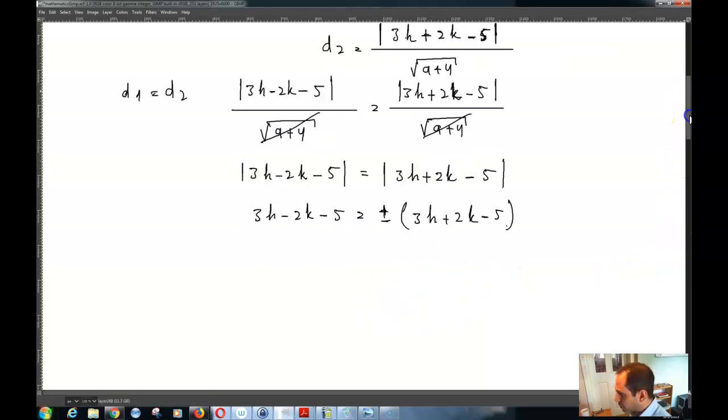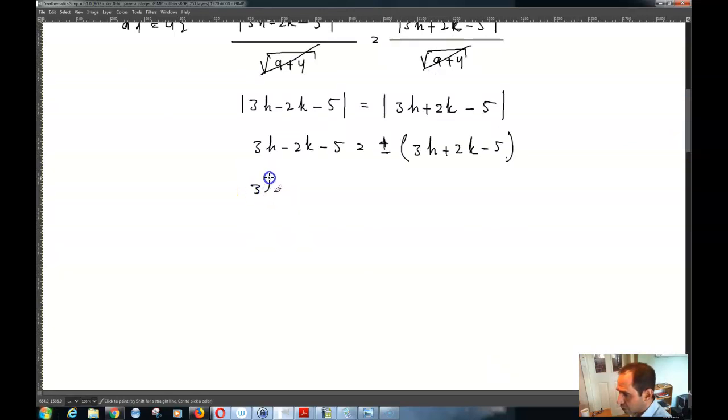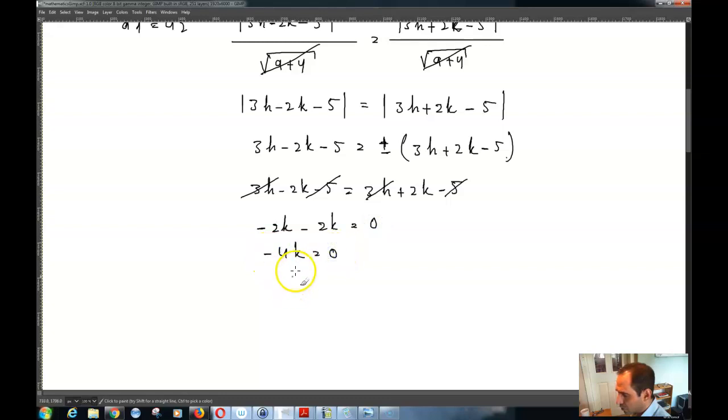And so you get two cases over here. Either 3h minus 2k minus 5 is equal to positive 3h plus 2k minus 5, in which case you can cancel these two out, and then these two you can cancel out. So you have negative 2k minus 2k is equal to 0. So negative 4k is equal to 0. So that means that k is equal to 0.